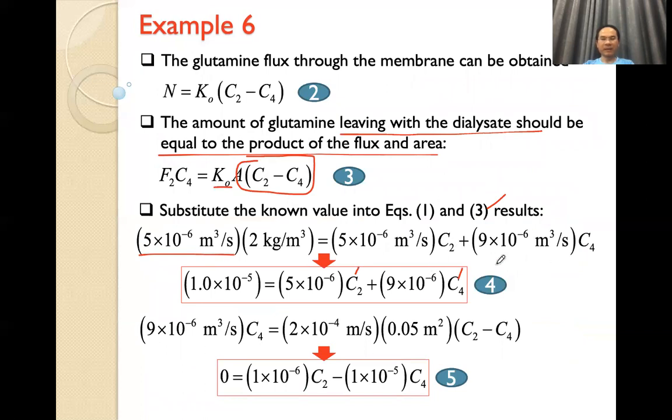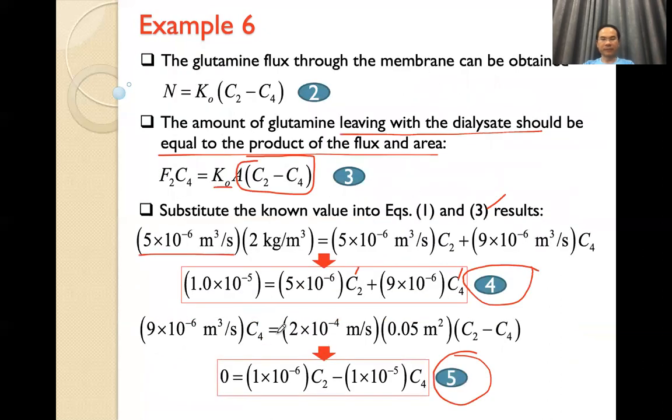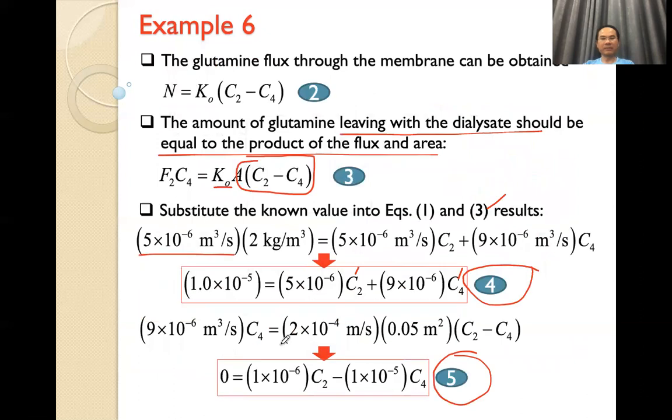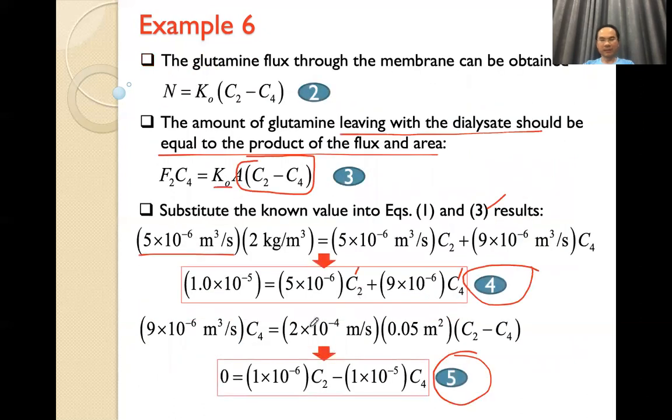From equation 1, you get this, and from equation 3, you get this. So you substitute C1, F1, F2; C2 and C4 are unknown. You get this equation.